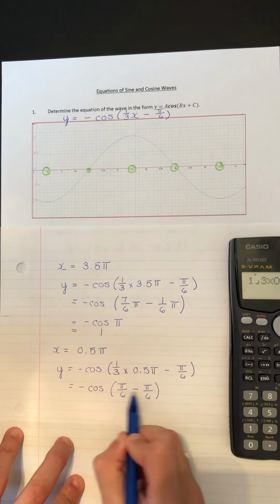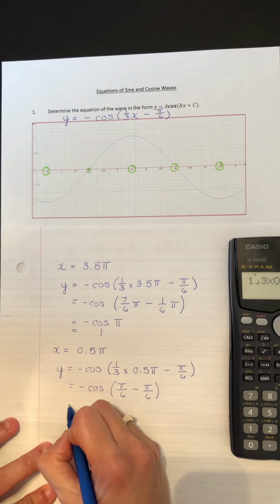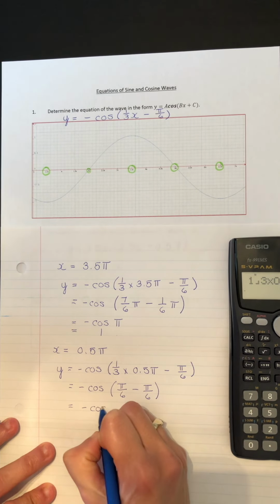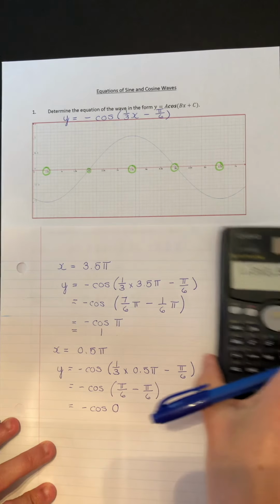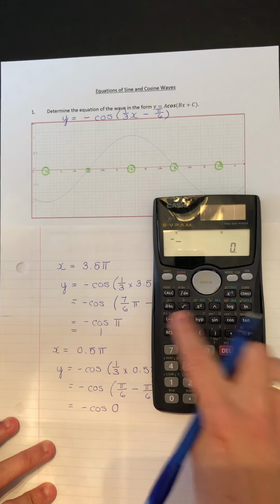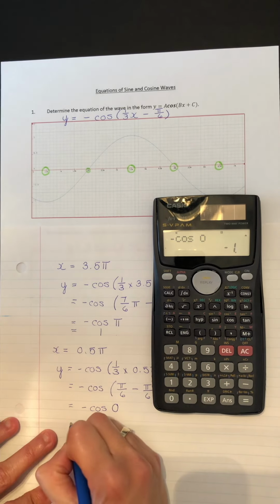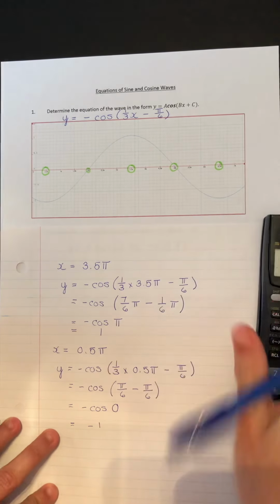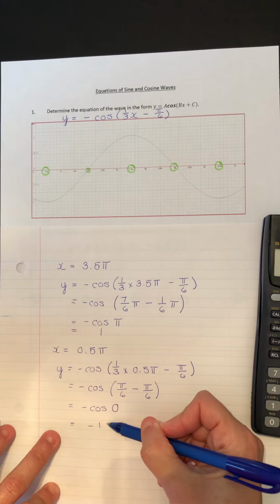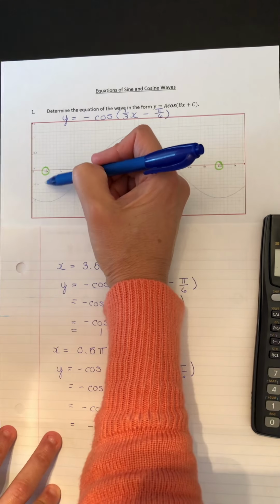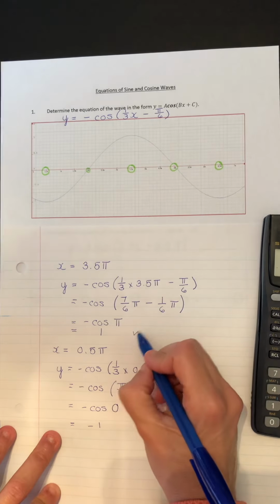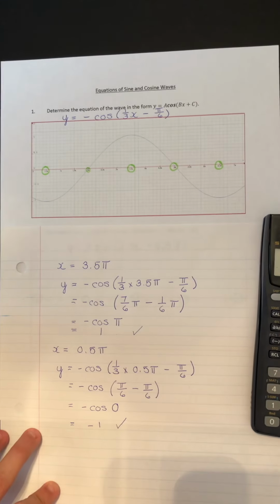So now look what we're getting for the angle. We're getting 0. So now we have negative cosine of 0. We can put that into our calculator. Negative cosine 0, and we get -1. So when x is half a pi, y is -1. So these check out with our graph.